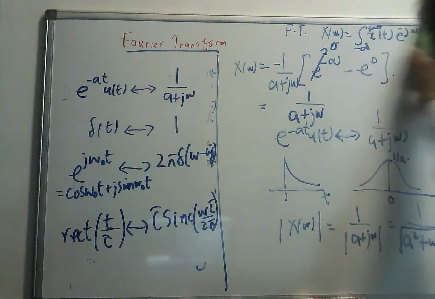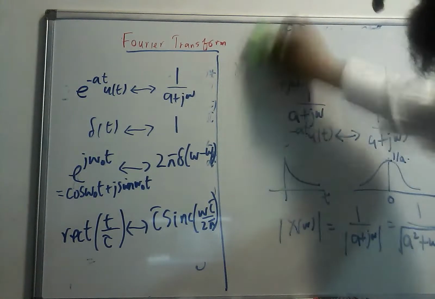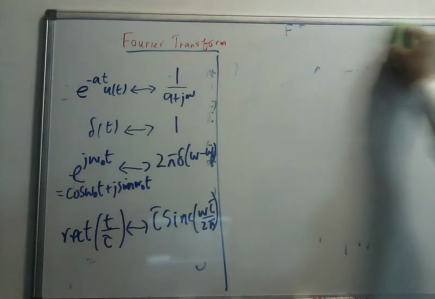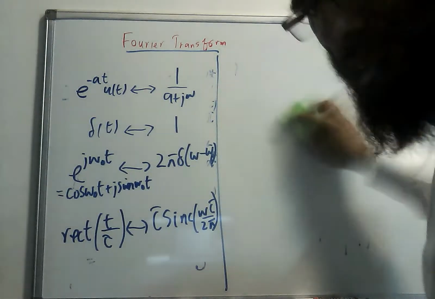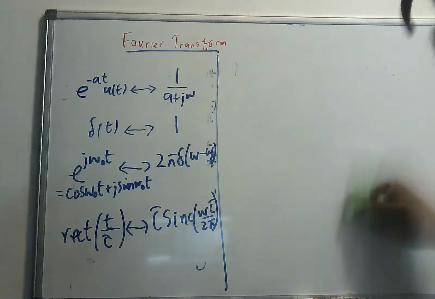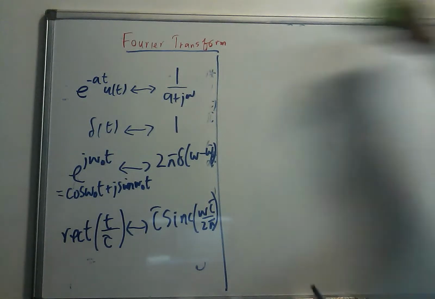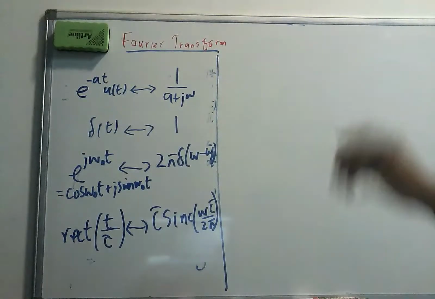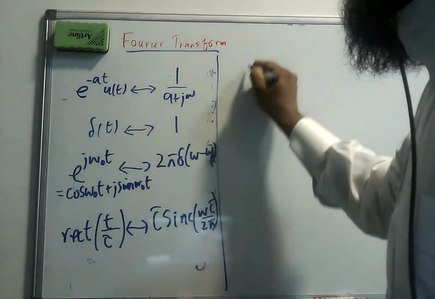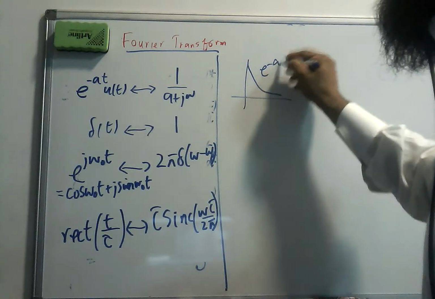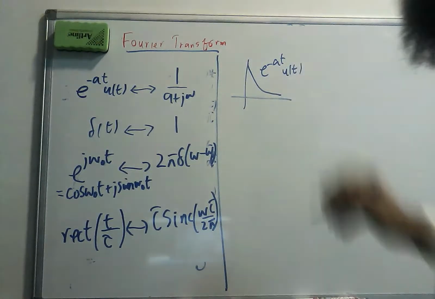So here I have e raised to the power minus at u of t.